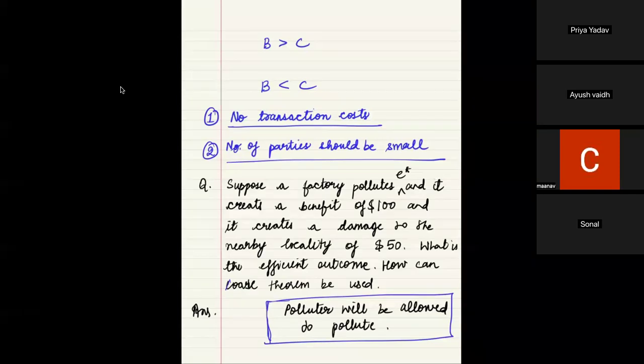Exactly, you should do that. And this is the point where students get confused. They think, how can pollution be socially efficient, right? But in this case, there should be pollution. Why? Because we have seen the reasons. So this is it. Any more doubts?